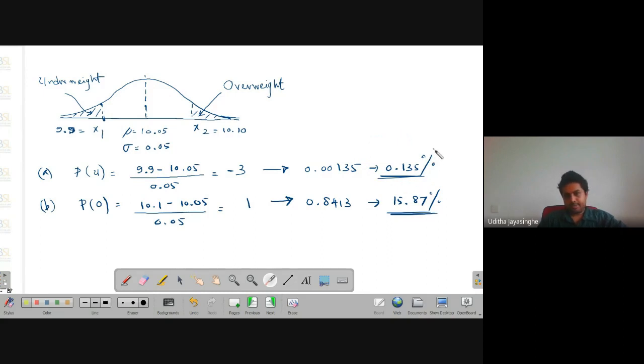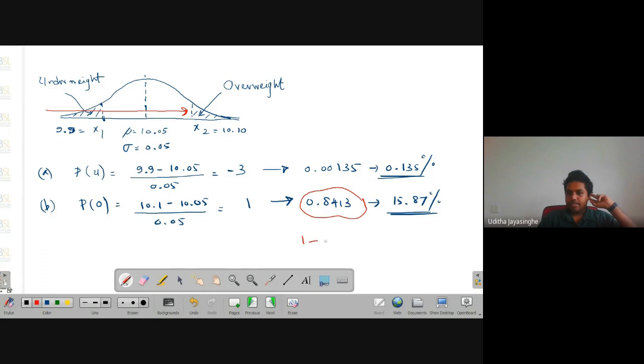And what about the overweight range? Now this one, the answer that I got, 0.84, is this the answer? No. Why? This is the area to the left of this curve, 0.8413. But I'm looking at the flip side, the other side.